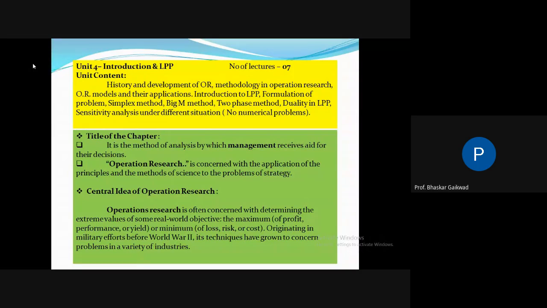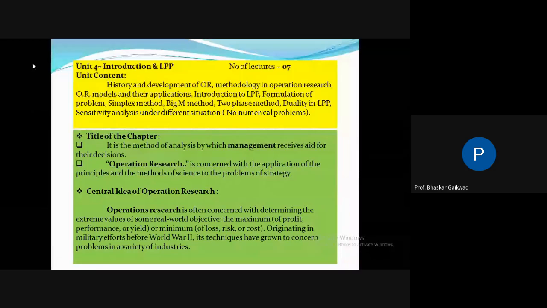In this central area, for maximization conditions, we judge the profit of the present ongoing process, the performance of the ongoing process, and the yield of this process.